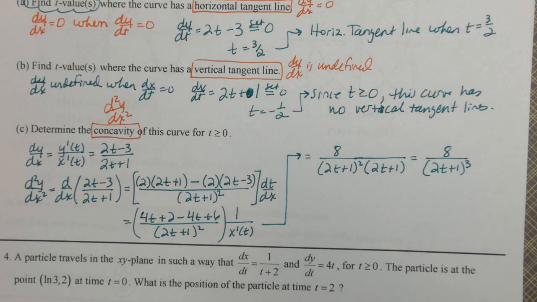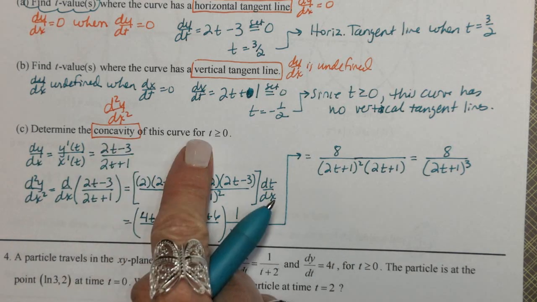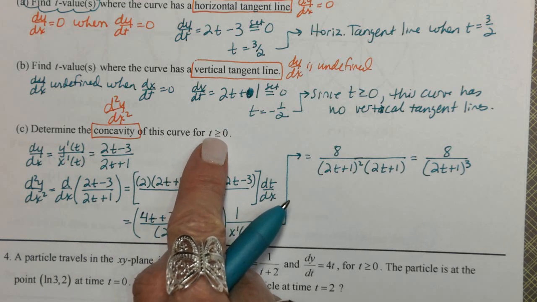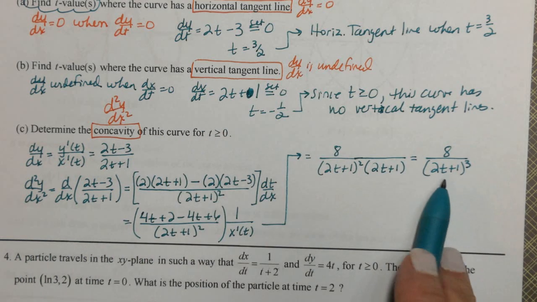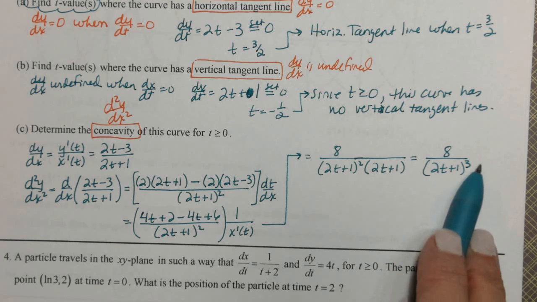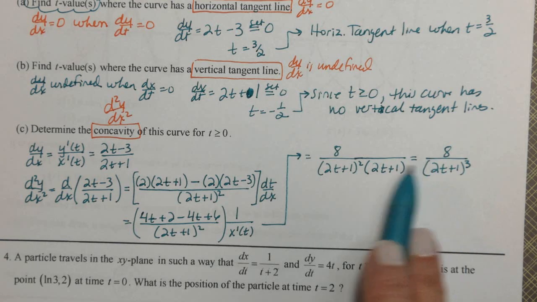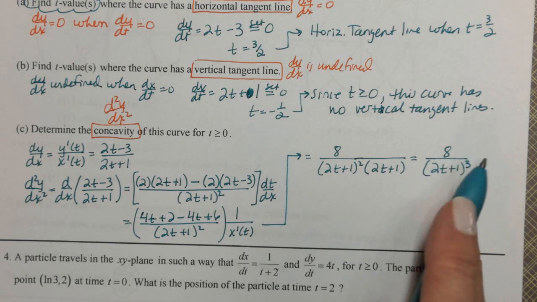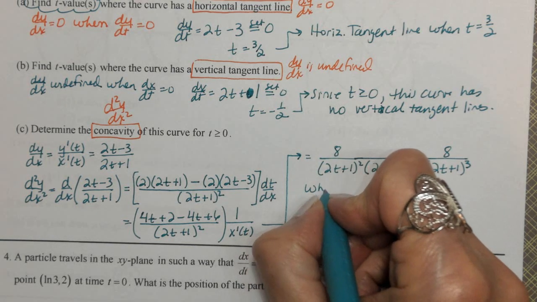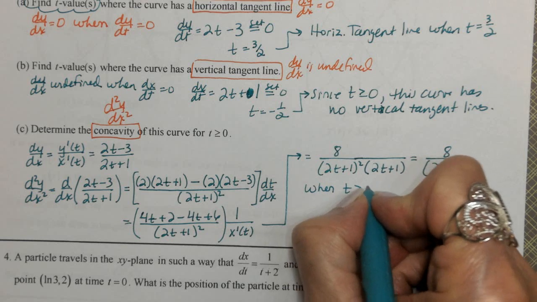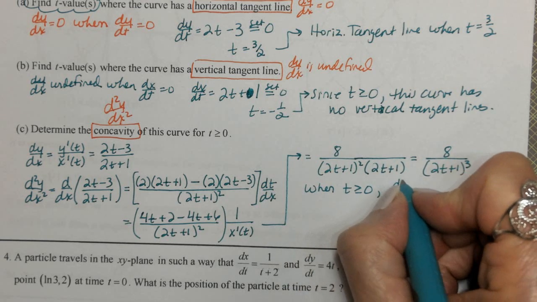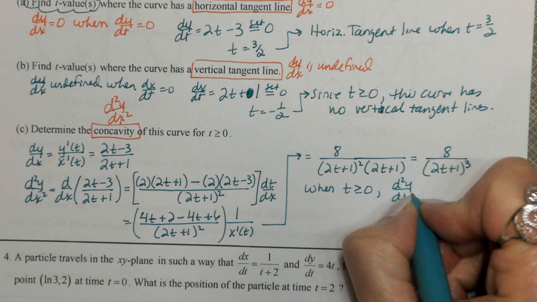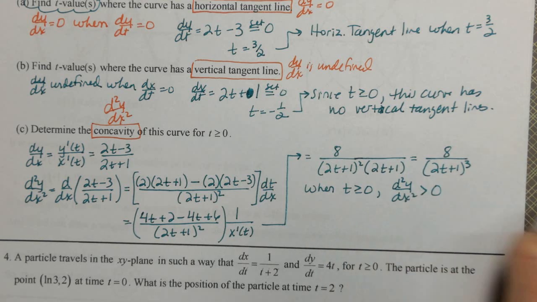All right, we were supposed to determine the concavity of this curve for time greater than or equal to 0. If I put a positive number in for t, the second derivative of y with respect to x will be positive. So when t is greater than or equal to 0, the second derivative is positive.